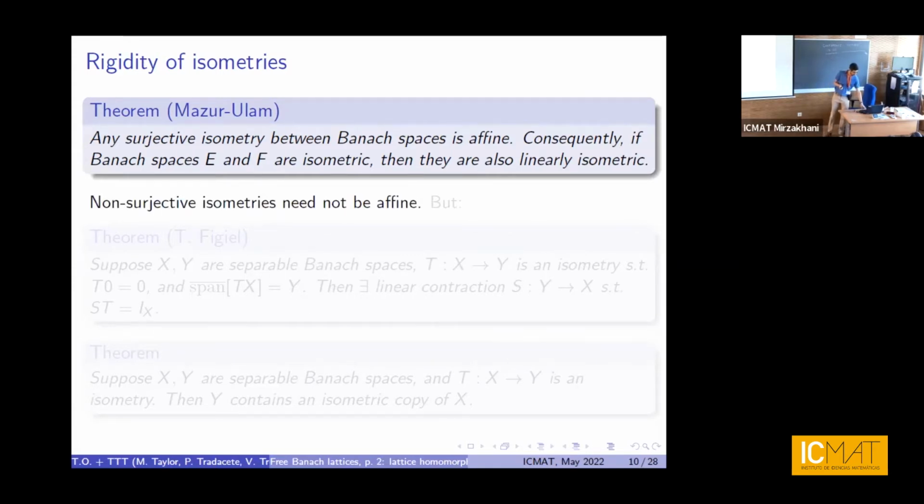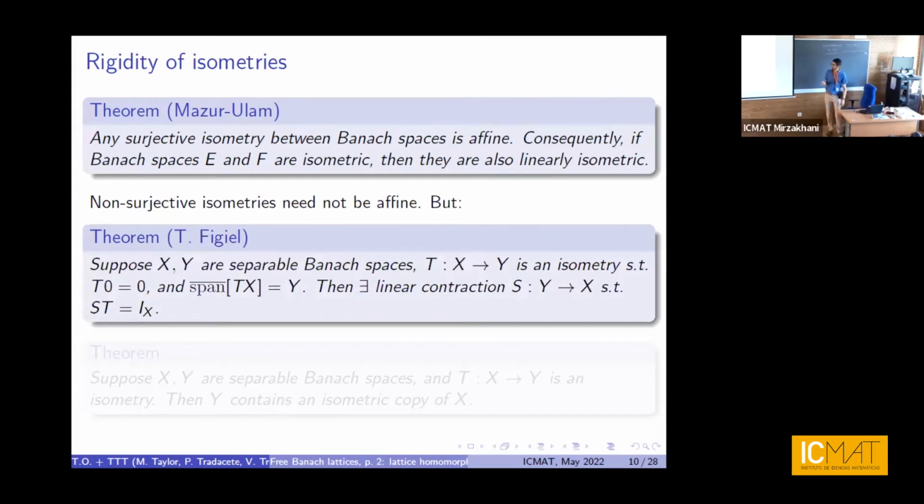Non-surjective isometries, of course, needn't be affine, but for non-surjective isometries, we still have a theorem of Figiel. So if we have two separable Banach spaces, and an isometry from one into the other, let's say the image of the isometry spans the target space Y, and just by translation, we can always assume that the isometry preserves zero.